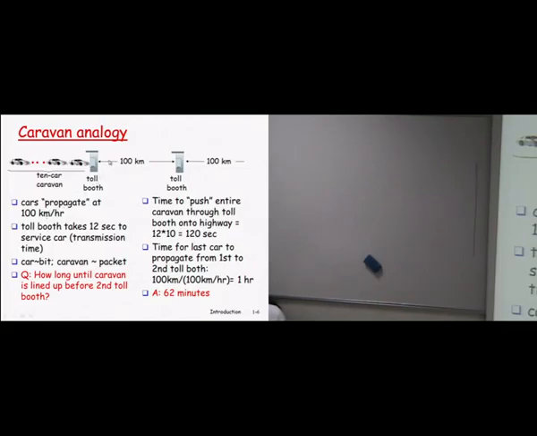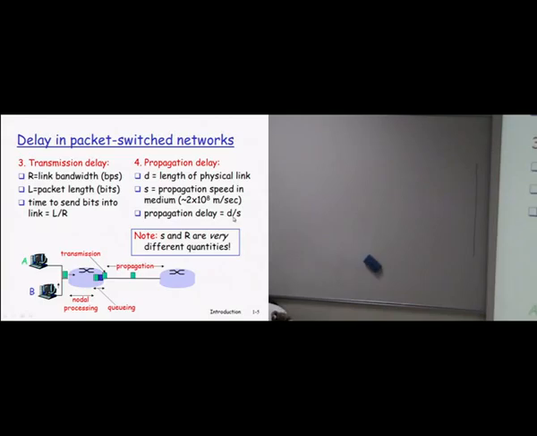We looked into it. D upon s is the propagation delay. We are going to calculate this delay. So the time for the last car to propagate from the first toll booth to the second toll booth is the distance between the two toll booths, which is 100 km, divided by 100 km per hour, which is the speed of the car. Clear?